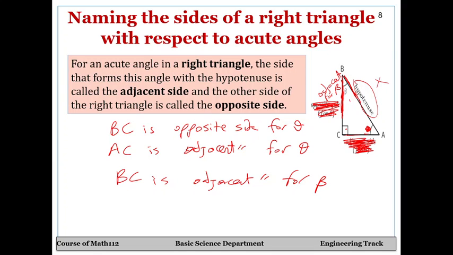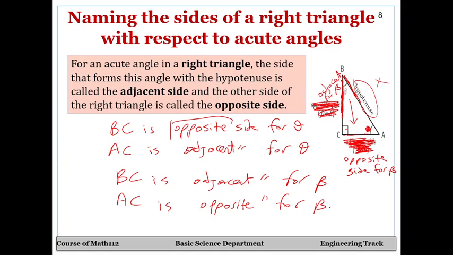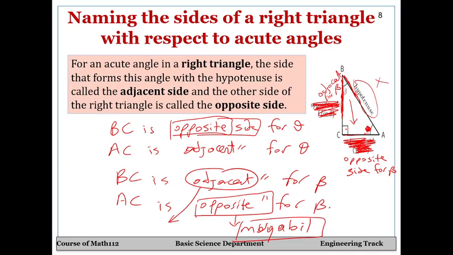Now, what do you see opposite of beta? You see AC. So AC becomes the opposite side for beta. Now in Arabic, opposite side means مقابل, and adjacent is مجاور.